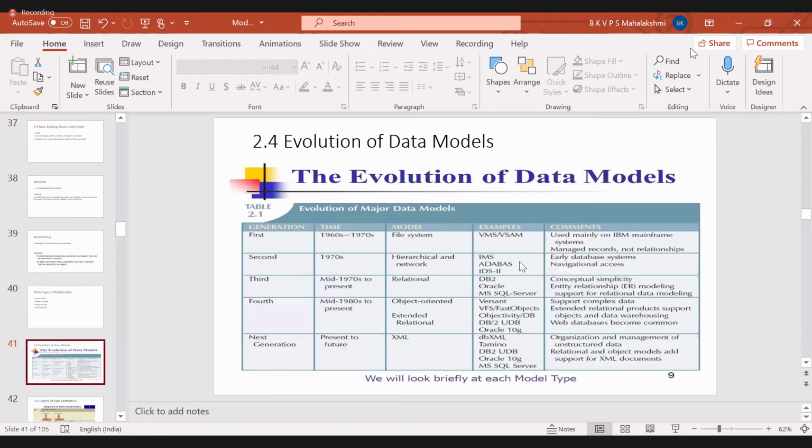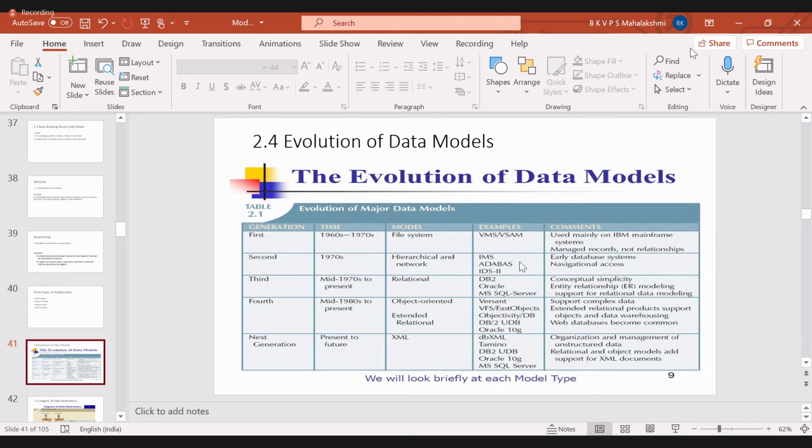Just go through this particular table, because evolution is nothing but what? What is the difference between evaluation and evolution? Evaluation is used to evaluate something, but evolution is nothing but the history of data models.